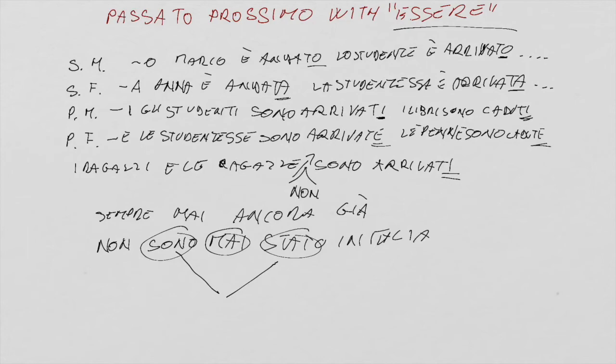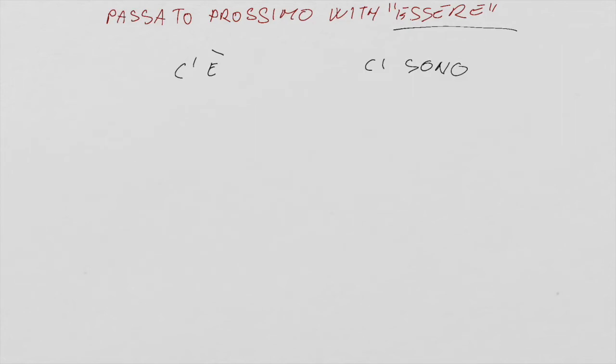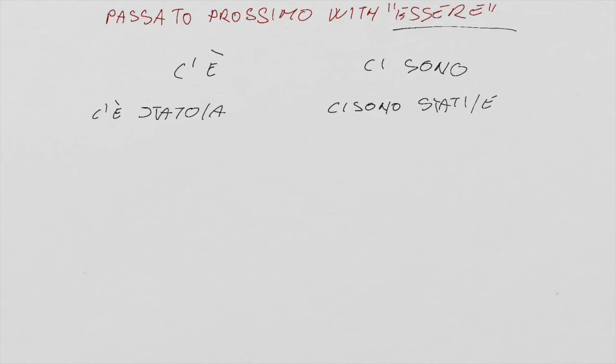The two forms c'è, there is, and ci sono, there are, follow the same pattern when expressed in the passato prossimo. C'è becomes c'è stato or stata, and ci sono becomes ci sono stati or state, depending on the subject.